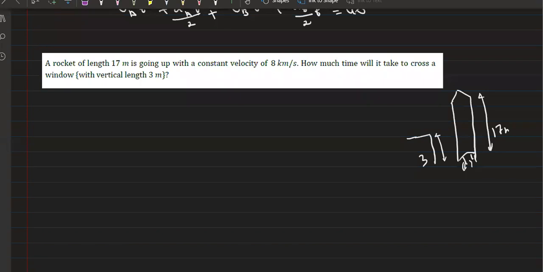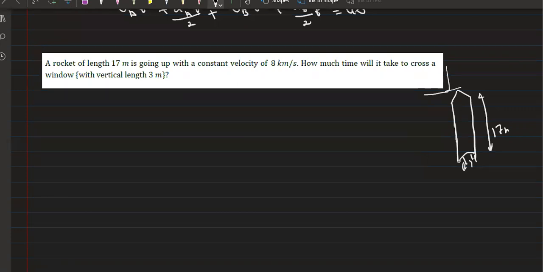So see this. Sorry, the window is not here. The window is somewhere here, like this. When this rocket crosses this window, it will start crossing when the tip is at the bottom point of the window.